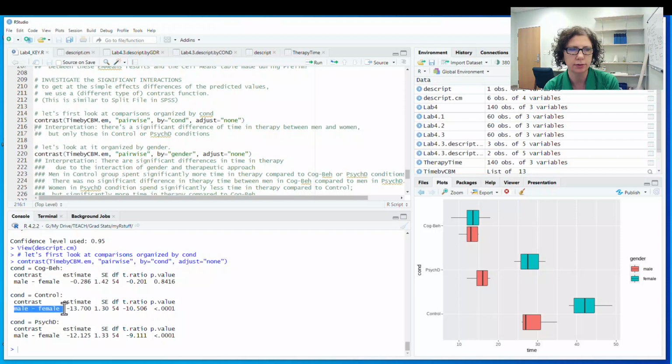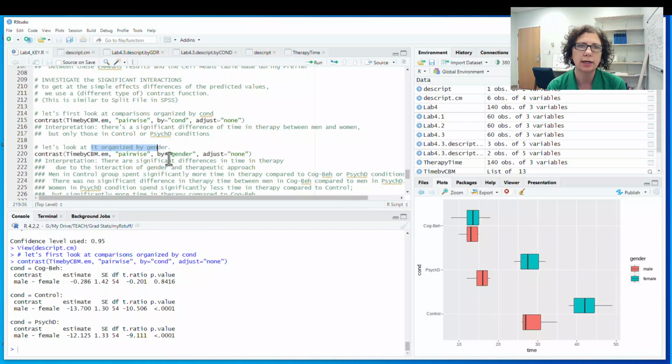So there is differences in therapy time between male and female depending on when they're in the control therapeutic condition. And the same here. We have a significant difference between males and females on therapy time, depending on them being in the psychodynamic therapeutic condition. And that's what we mean by an interaction, that the differences of one predictor is dependent on the level of the other predictor.